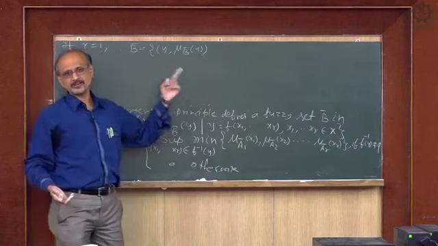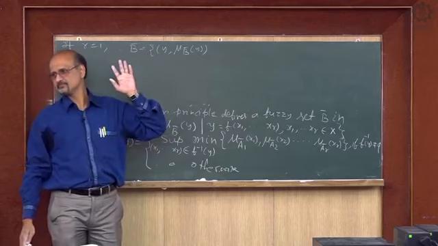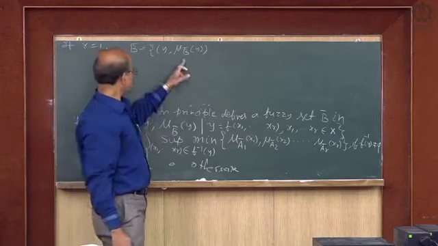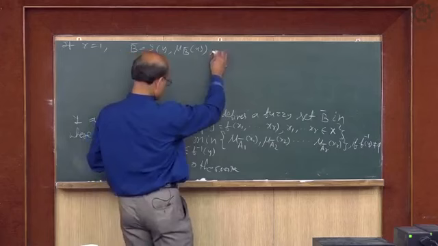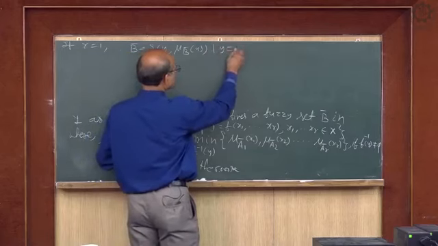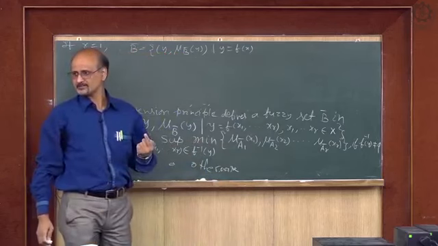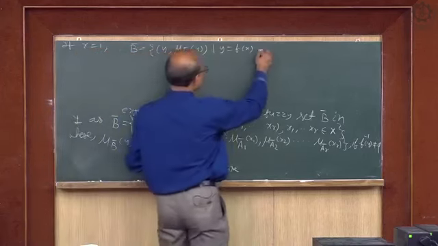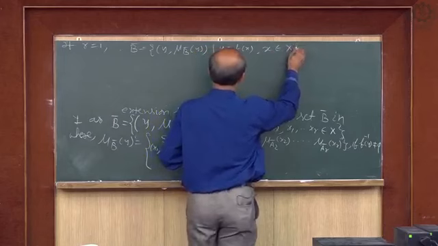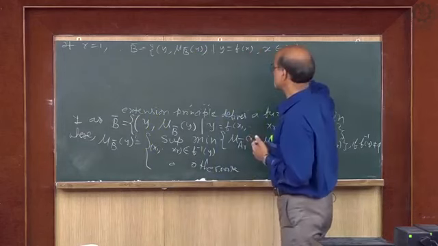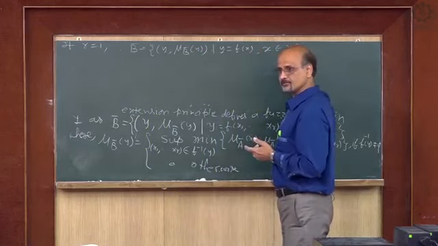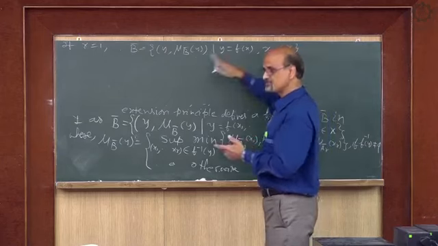R equal to 1 means I have only a single fuzzy set A bar. So y is equal to only f of x. We have only x, and x belongs to capital X, where A bar is in X and B bar is in Y.